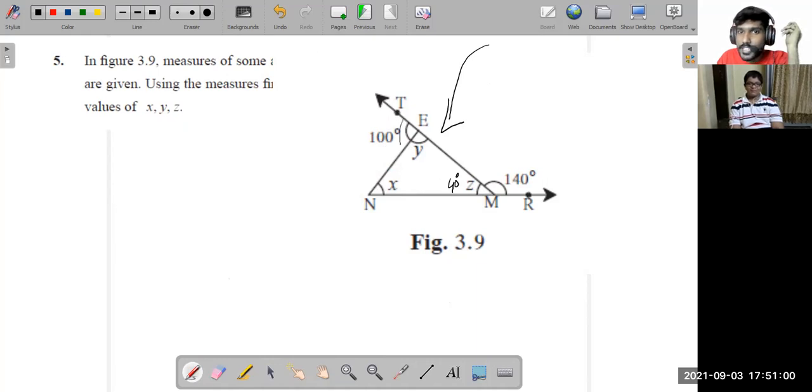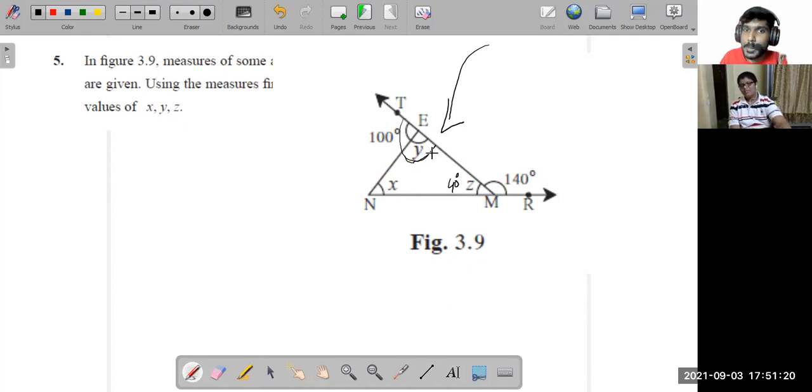Can you see these two angles are also in linear pair.